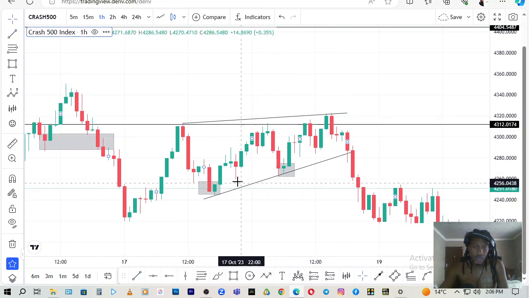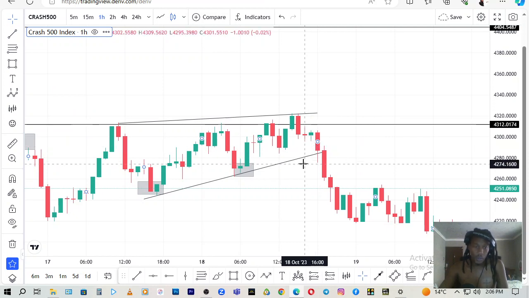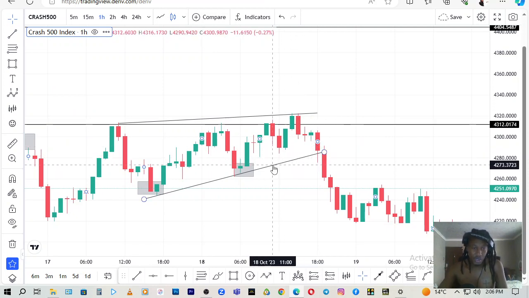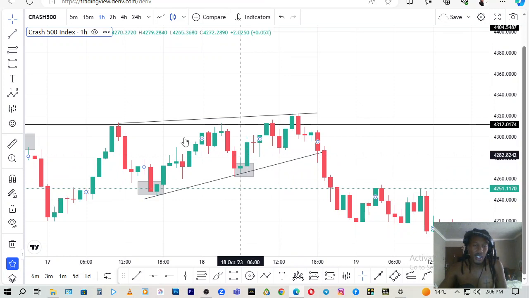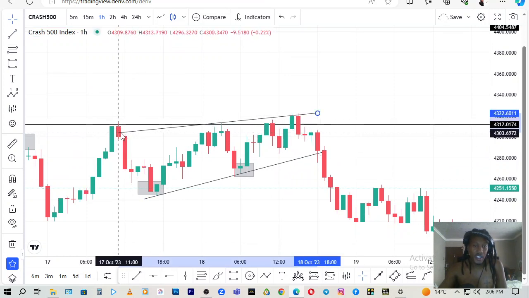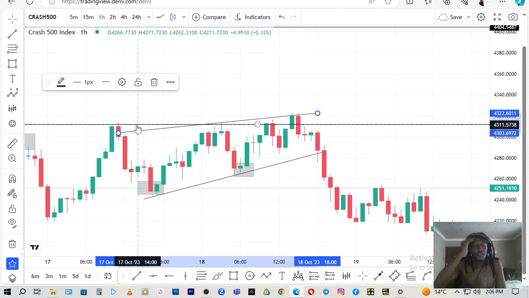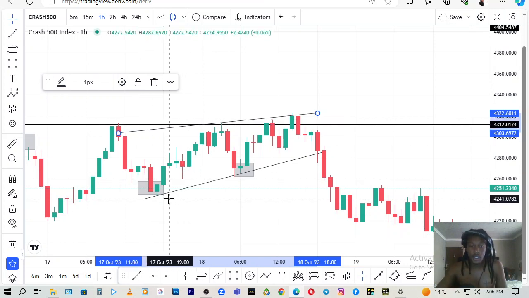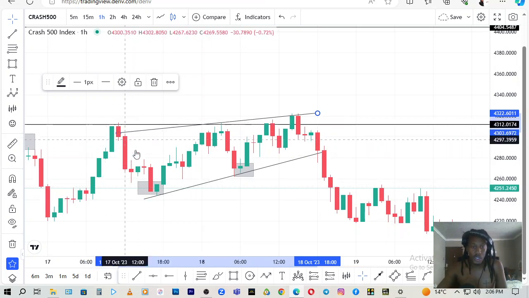You can see overall this was a wedge, a rising wedge. Remember, the market won't print everything in the same way how the book draws it. So this was a rising wedge over here, this being a 1, actually 1 2 3 4 5.